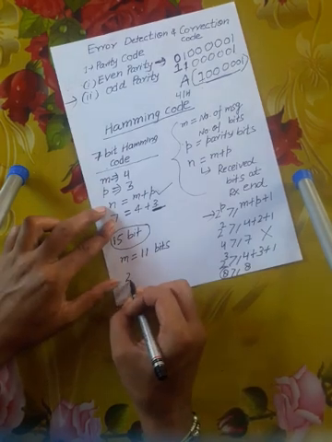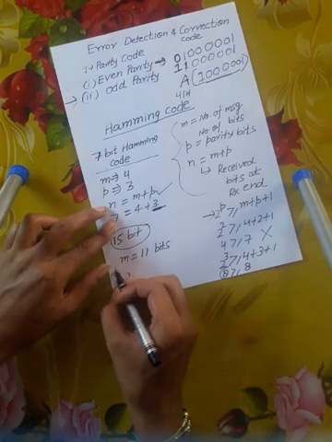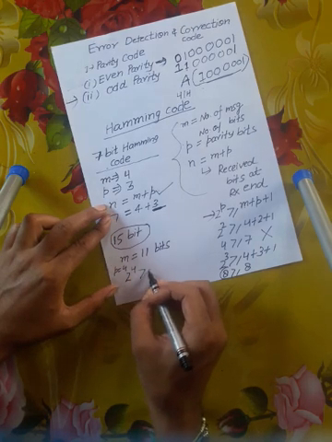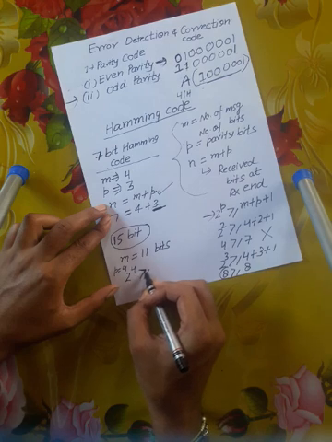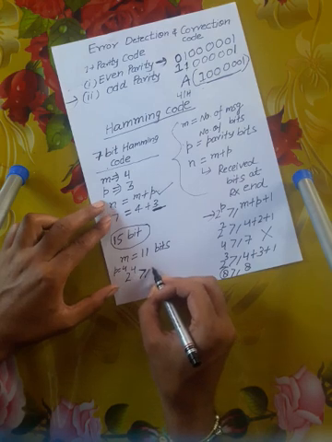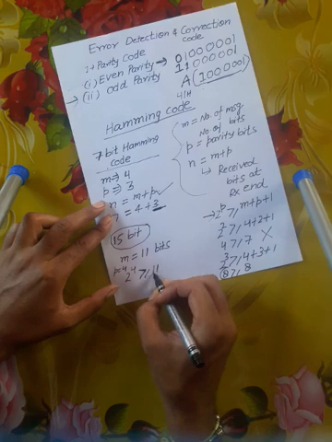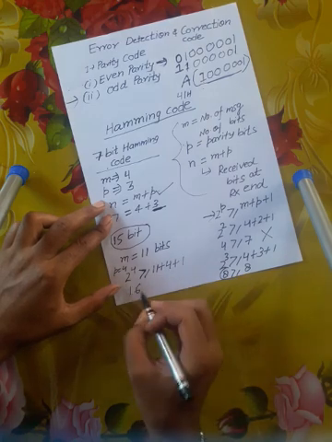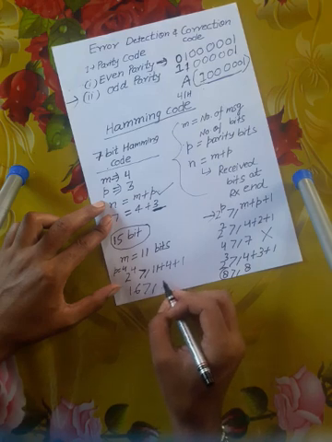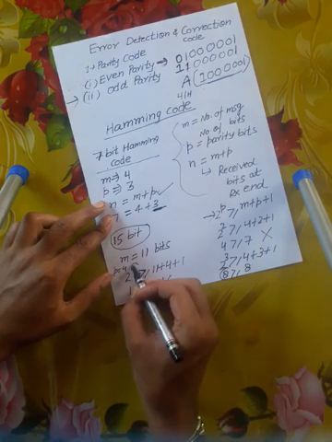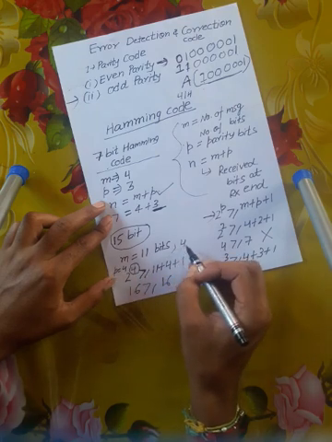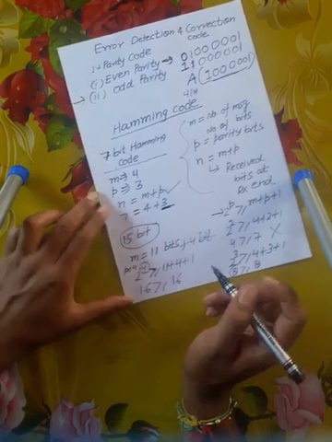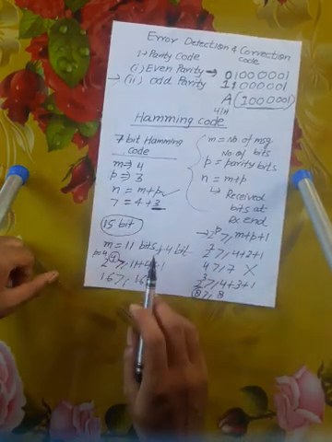Just suppose P equals 4. 2 to the power 4 greater than or equal to M is 11, P is 4, plus 1. So 16 is greater than or equal to 16. So the total parity bits will be 4: 11 bits plus 4 bits. In this way you can calculate the value of parity bits.